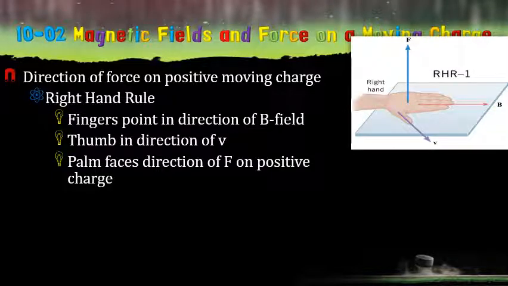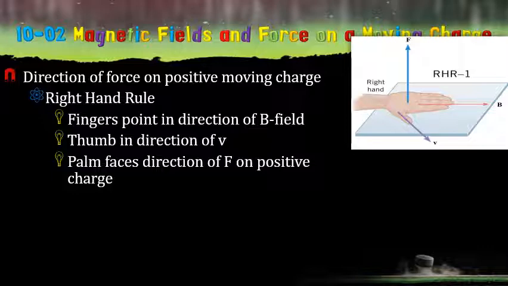So you can see on the picture right here, the fingers are going the direction of the magnetic field. The thumb's going the direction of the moving charge. And the palm is the force on a positive charge.